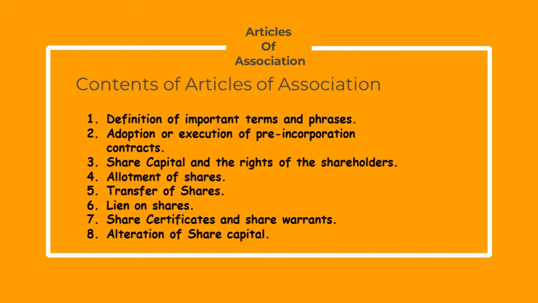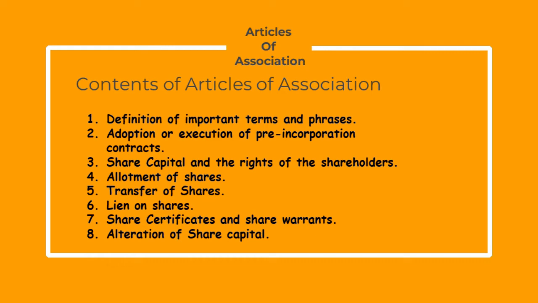Calls on shares means, for example, one share is rupees 10. At the time of making an application, you pay rupees 2. Then after allotment you pay 2 rupees. That means you have paid 4 rupees. Still your liability is 6 rupees. Whenever the company wants money, it will ask you to pay another 2 rupees. That is known as calls on shares.